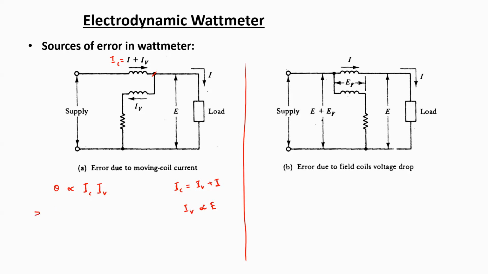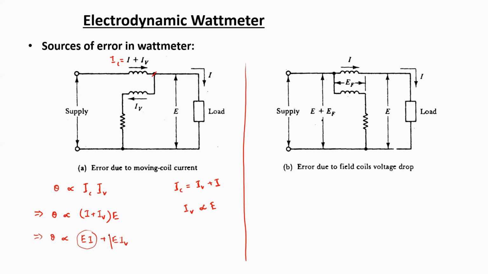So we can rewrite this relationship as theta being proportional to I plus I V, and instead of I V we can write E. If we divide it as E I plus E into I V, then our main focus for determining the power is to concentrate on this particular quantity. So there is some additional quantity in terms of E into I V.